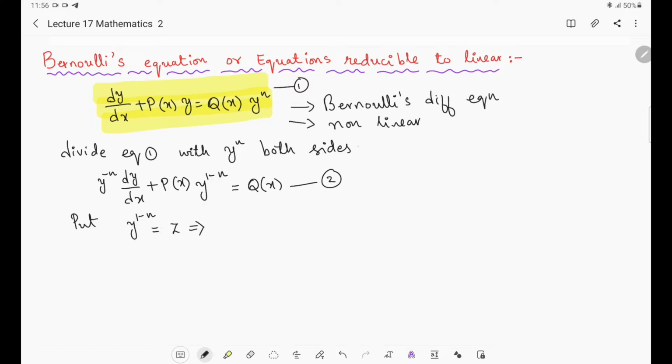Then what will happen if we take like this? Then we will differentiate this. When we differentiate this, what will happen? 1 minus n y power 1 minus n minus 1 into dy by dx. Derivative of y is dy by dx, which is equal to derivative of z is dz by dx, right.